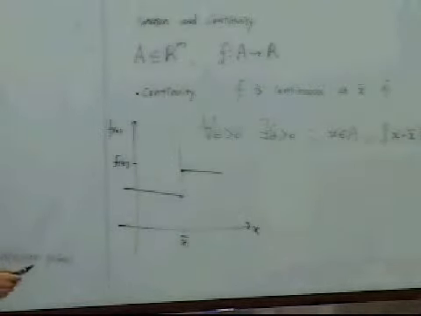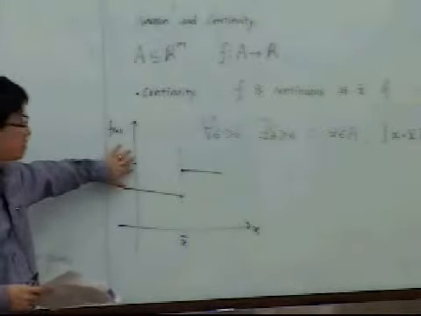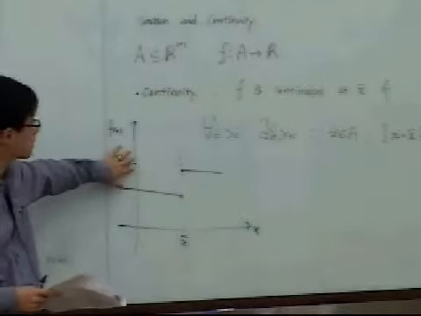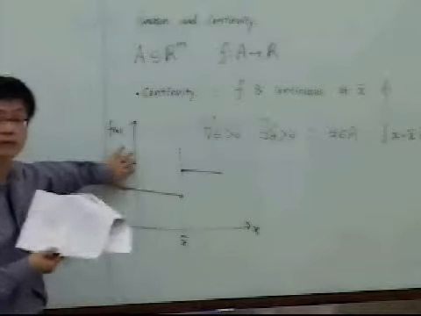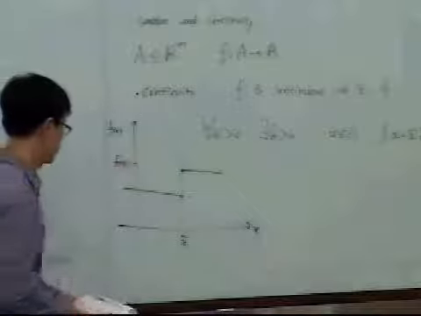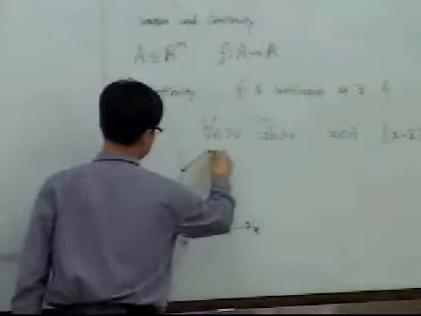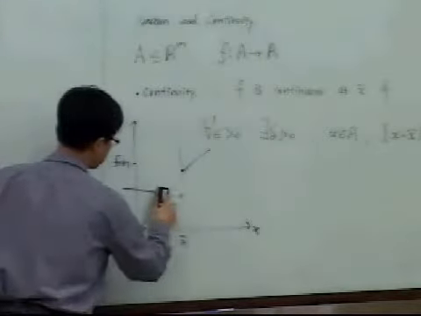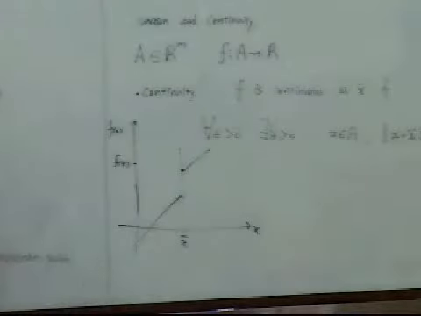Right? If you choose any epsilon there, can you find a delta which will satisfy that? If this is too complex, let's make it here. Like that. Can you find? No.